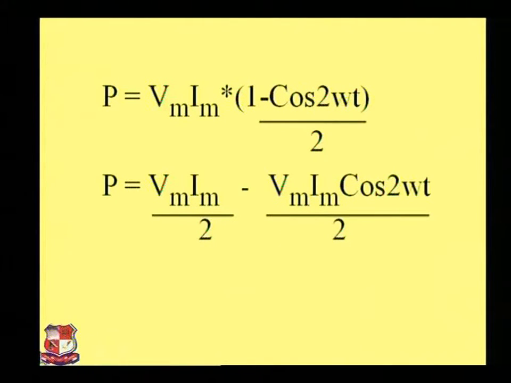Now 2 is a reciprocal, so dividing individually, we get P equals Vm Im by 2 minus Vm Im cos 2 omega t by 2, because Vm Im is a multiplier with the bracket of 1 minus cos 2 omega t. So you can write it individually, or multiply the Vm Im, and you can also use the reciprocal 2 individually.